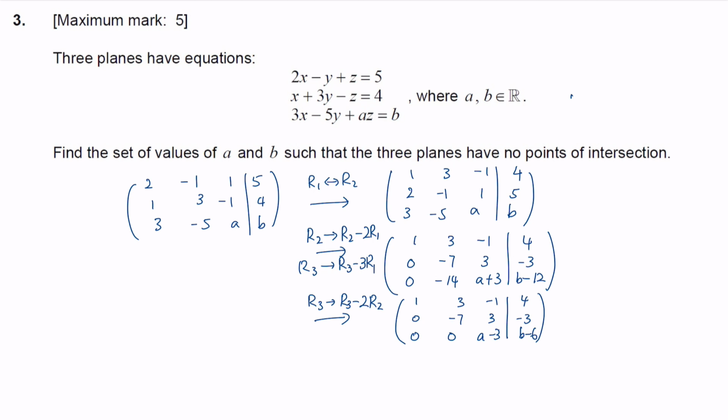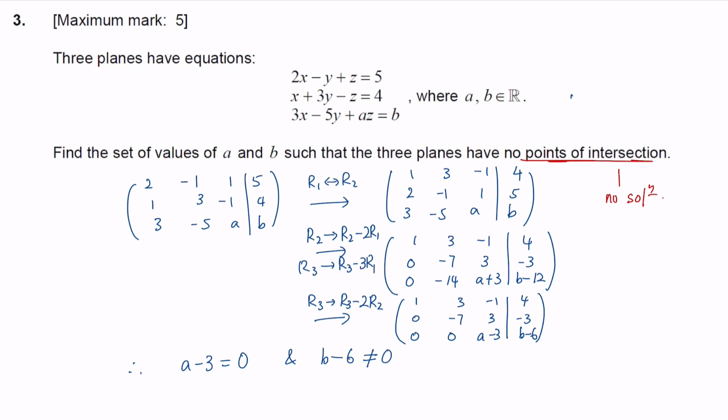Okay, and we want there to be no points of intersection. This means that there is actually no solution of the 3 simultaneous equations. So therefore that means that we must have a minus 3 equals 0, and b minus 6 not equal to 0.